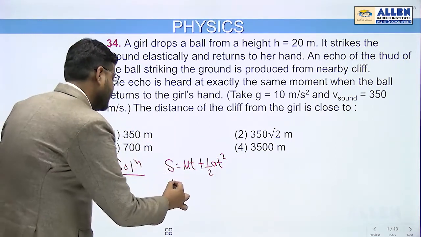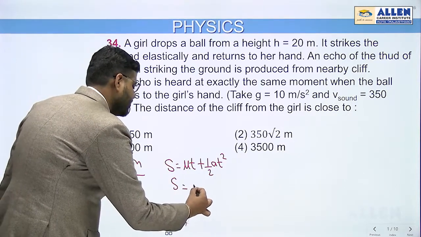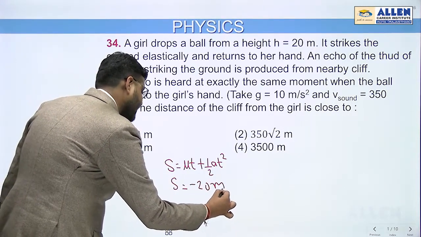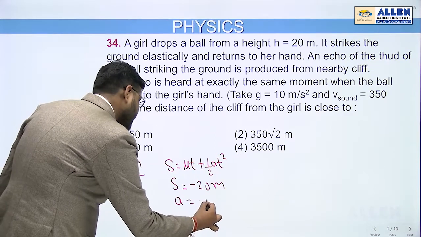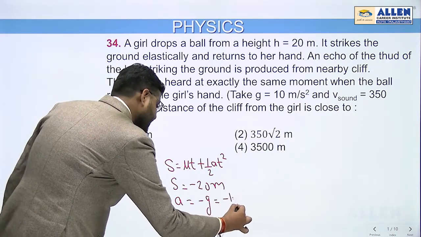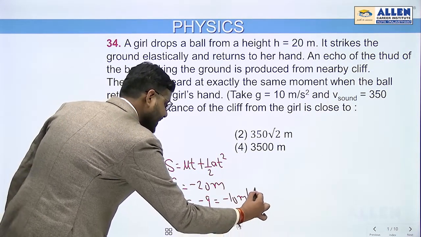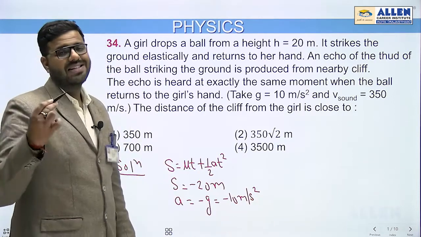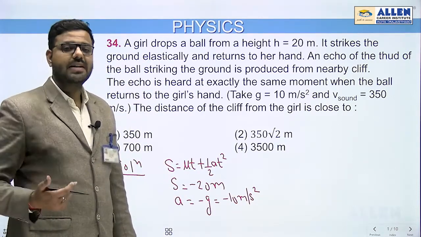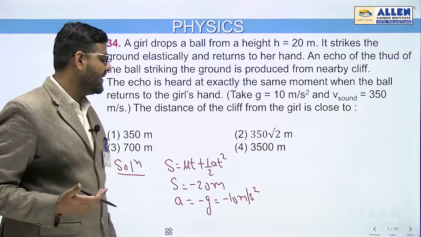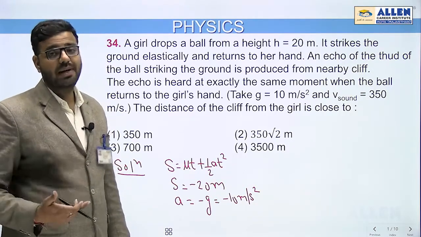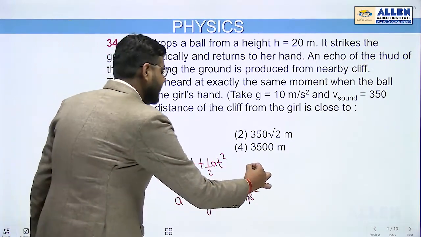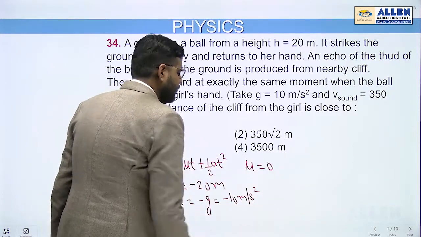Taking the sign convention, s is equal to minus 20 meter and a is equal to minus g, that is minus 10 meter per second square, since the acceleration due to gravity always acts downward. And the initial velocity u would be equal to 0.